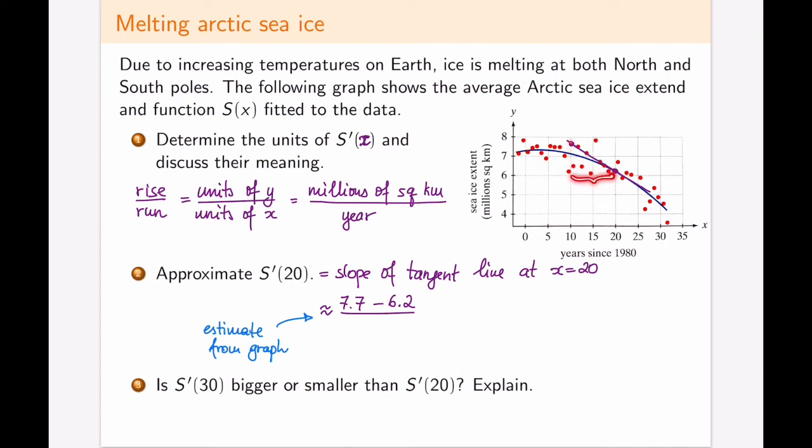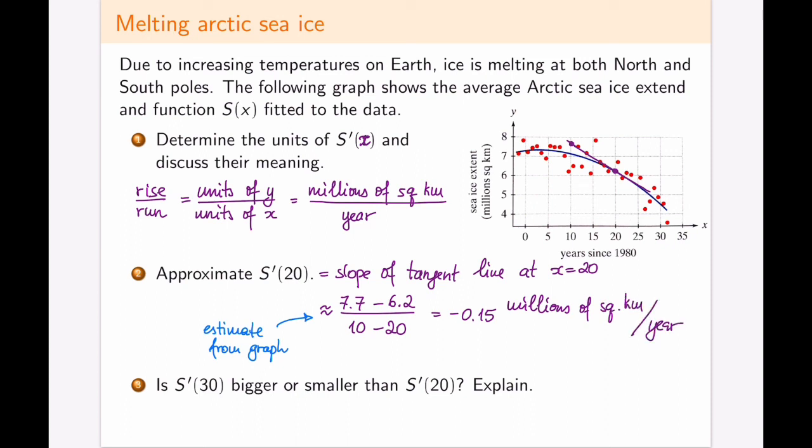So this point was the one I plugged in first, so its x coordinate is going to come first. 10 minus 20. I'm going to get negative 0.15. And that is in the units that we discovered in part 1. So millions of square kilometers per year.